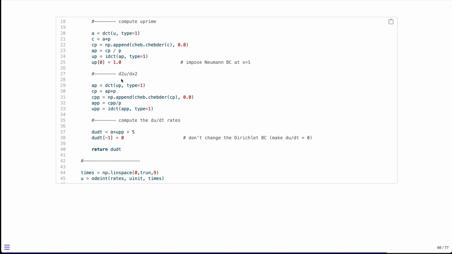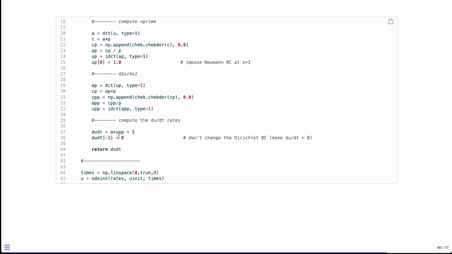And then we do the second derivative. It looks really similar to what we did for the first derivative: the discrete cosine transform, scale it, take the derivative, append 0, and then unscale it, take the inverse transform, and then finally we multiply by the diffusivity and add the source term.